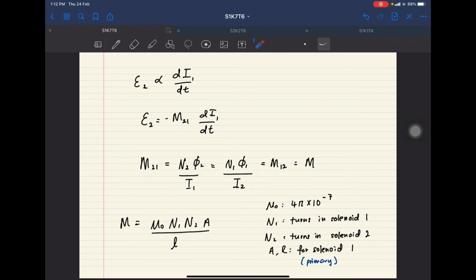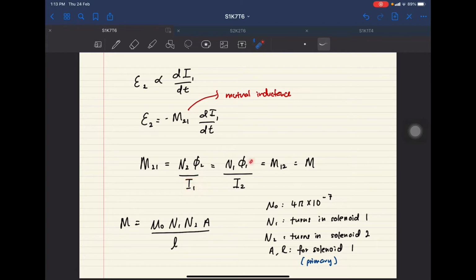Because of that, you need to have a constant. This one is the mutual inductance. This is negative because this indicates the direction that opposes the change. This is what we call mutual inductance, represented by the symbol M. Previously we used L for self-inductance, and for mutual inductance it is M. Here again, this is a very similar equation, just flux in 2 over current in 1.